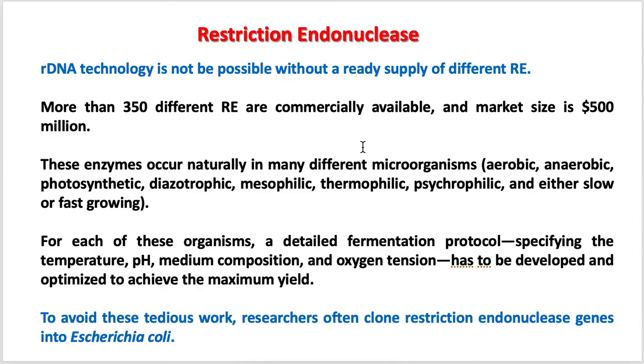They don't randomly cut the DNA. There are many different restriction endonucleases, and every one of these enzymes has its specific region in the DNA where it cuts. So for example, EcoRI is one restriction endonuclease enzyme. It has a specific recognition site in the DNA. It cuts only on that site.